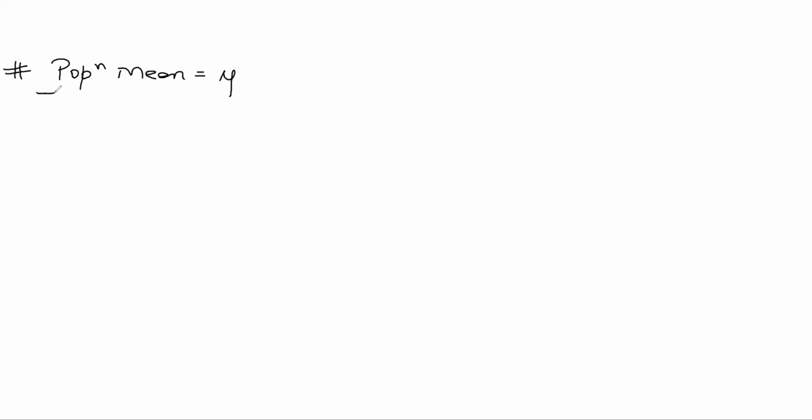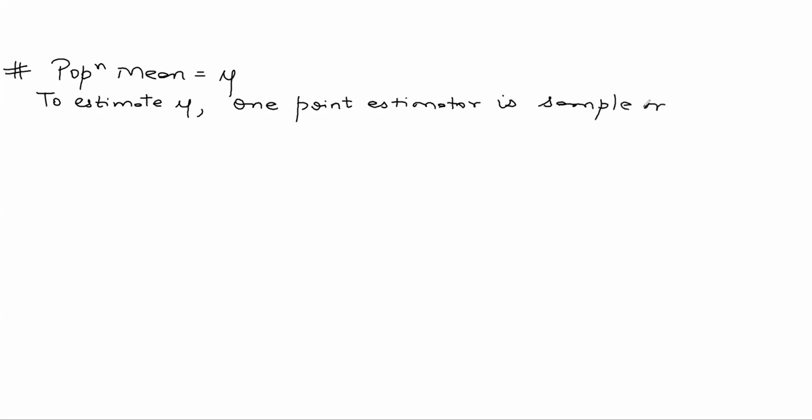To estimate mu, one point estimator is the sample mean x bar. So I can say that x bar, which is the sample mean, is a point estimator of the population mean. And one particular value of the sample mean will be called the point estimate.